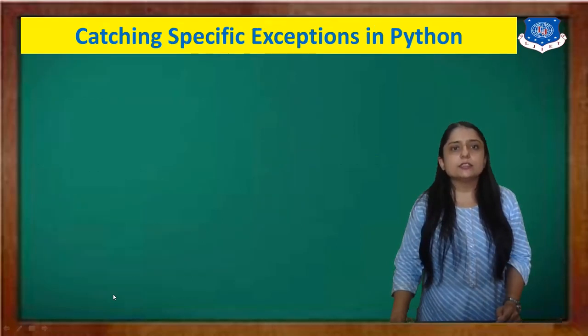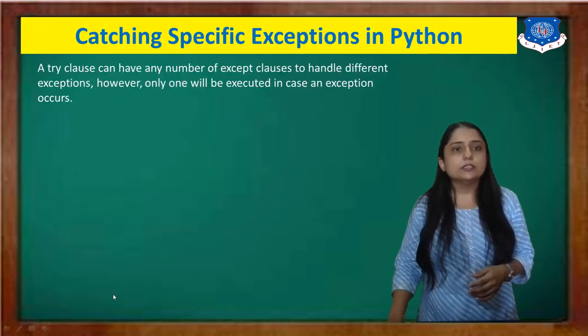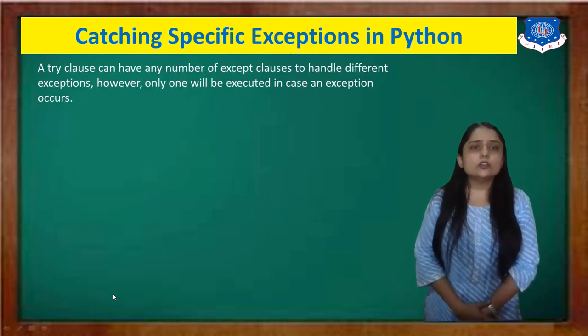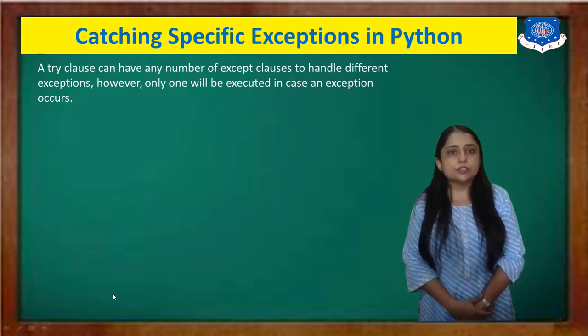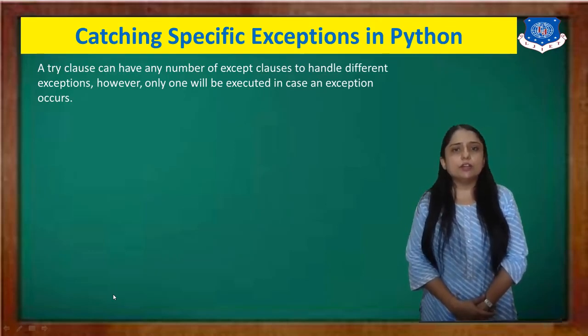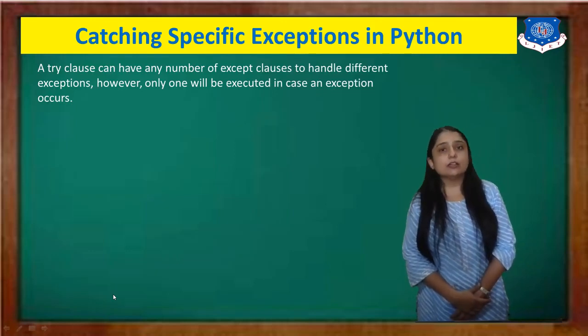Now next is catching specific exceptions in Python. A try clause can have any number of except clauses to handle different exceptions. However, only one will be executed in case an exception occurs.